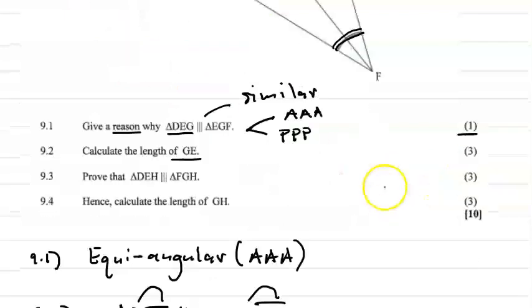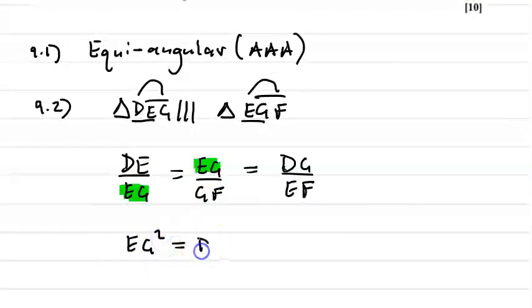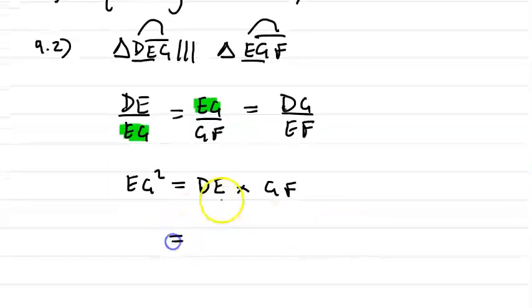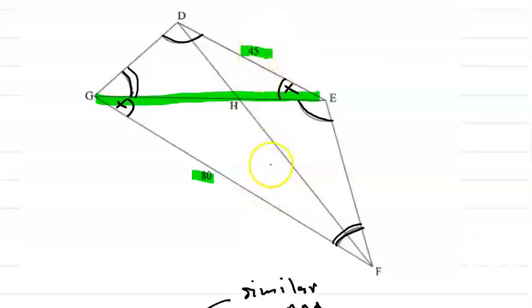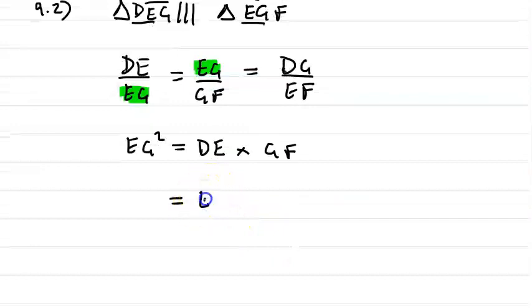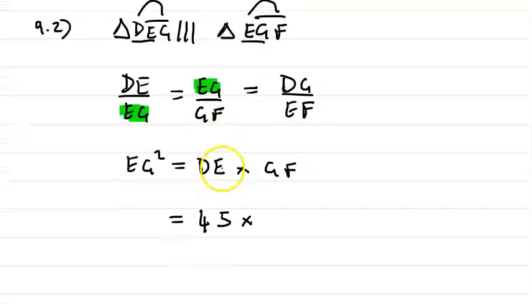So therefore, this would be a fairly straightforward calculation. EG times EG is EG squared equals DE times GF. Let's substitute. DE is equal to 45 and GF is equal to 80.